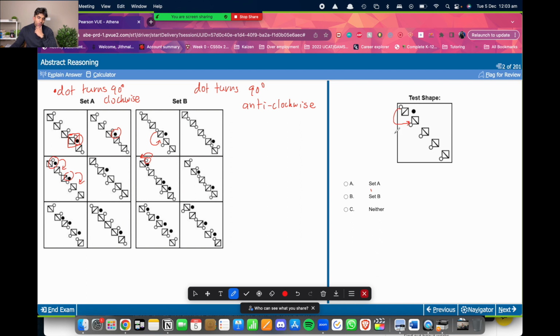Notice how it's spinning the opposite direction now. So anti-clockwise, that's B. This one is going clockwise and then clockwise again, so it must be A. But you get the picture.